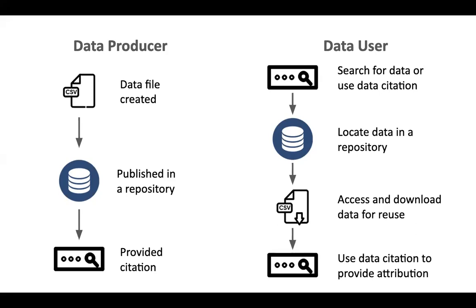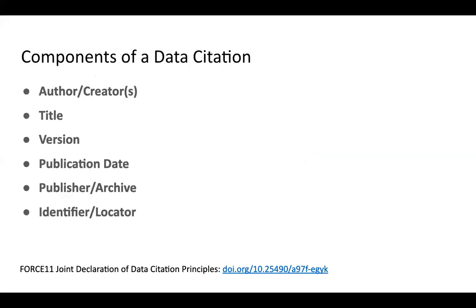So let's dive into the elements of a data citation. So a data citation includes the same components of other citations that we see. Components like the author, title, year of publication, publisher, maybe a version, and an identifier. As a general rule, you want to make sure you include enough information for another to be able to use and locate that data set or the part of the database that you are referring to.